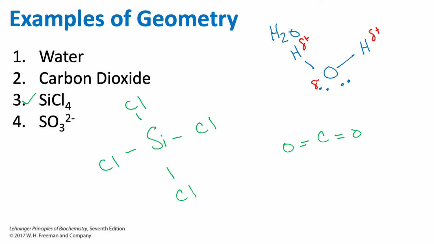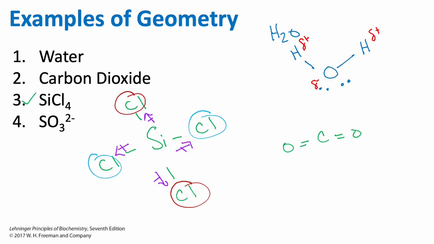This is also a tricky example, but if we keep in mind equal and opposite dipoles, we can quickly understand that this is going to be non-polar because these 2 chlorines will cancel each other out, and these 2 chlorines will cancel each other out, because of equal and opposite magnitude dipoles.